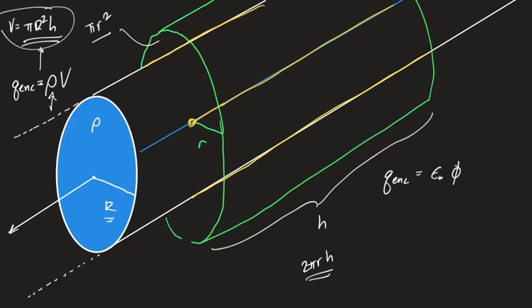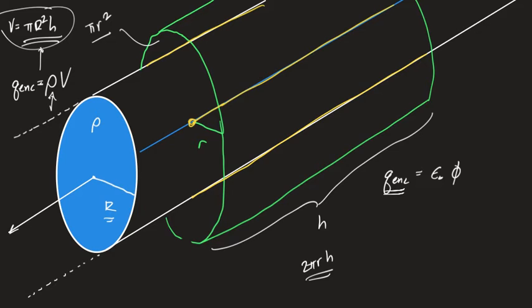Getting back to this, I'm trying to put all this together, but this is the hard part, convincing you of the geometry of what we're looking at. So the enclosed charge has to be how much of the charged cylinder is inside the Gaussian surface. So how much? I need the volume of the amount of the charged cylinder inside my Gaussian surface. I define my Gaussian surface to be H big.